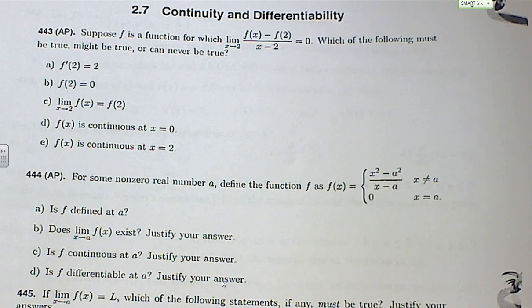The one on the screen right here. So start with A and tell me if it must be true, might be true, or is never true.